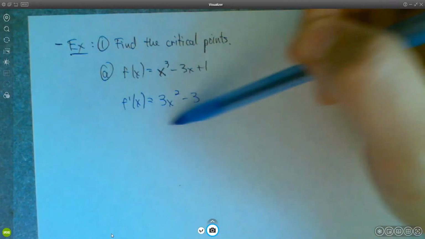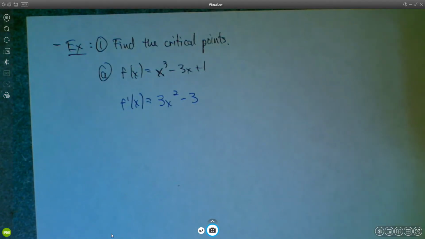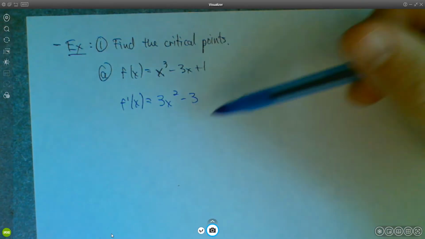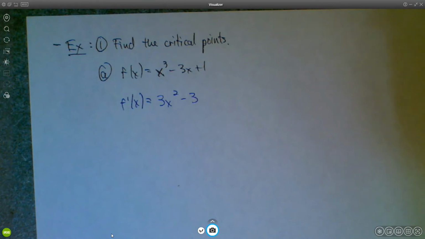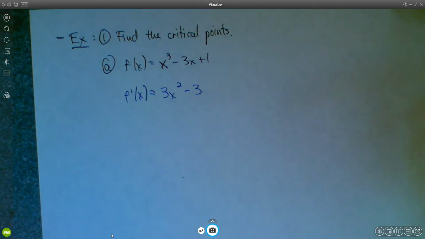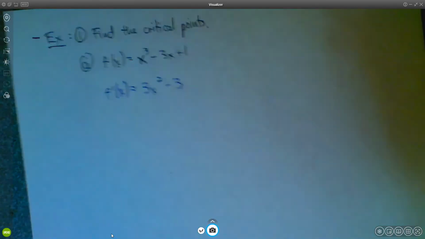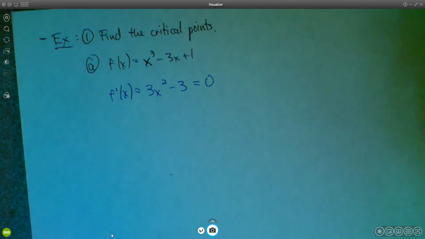This function, the derivative function, is defined for every real number x, which means that the original function f is differentiable everywhere. Okay, so it doesn't have any places where it fails to be differentiable. Therefore, the only possible critical points for this example must be stationary points. So we go about finding stationary points by setting the derivative equal to 0 and then solving for x, right?